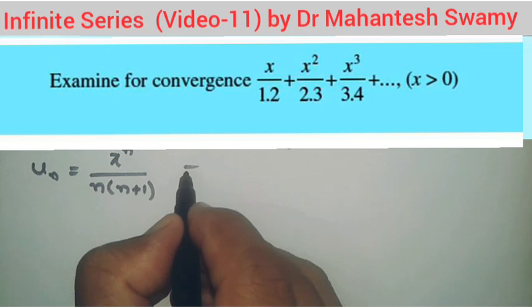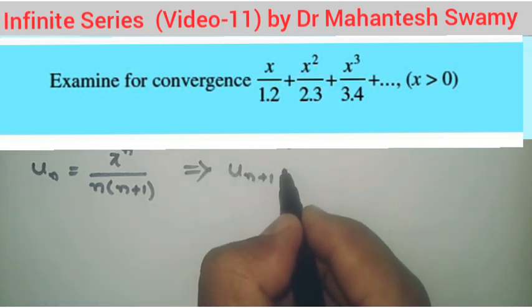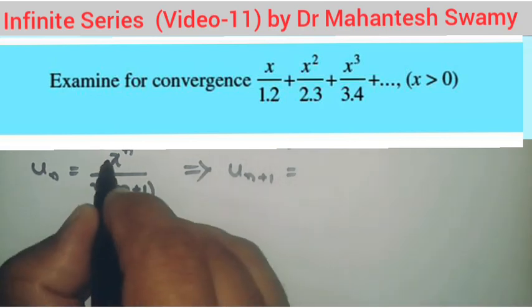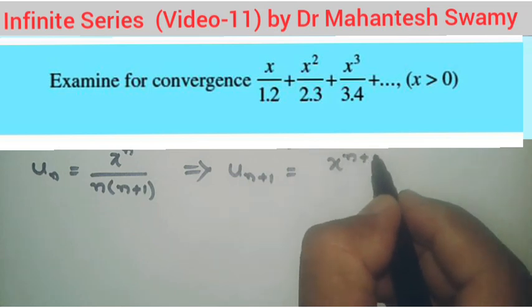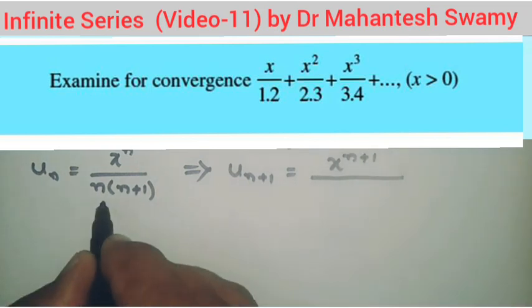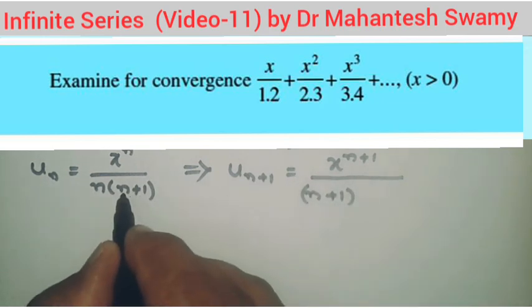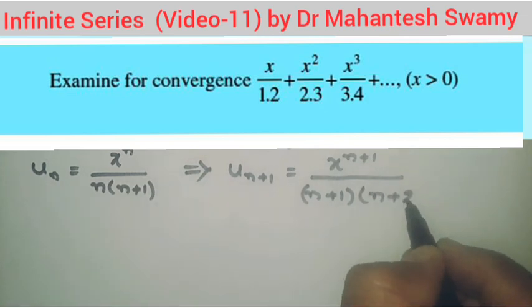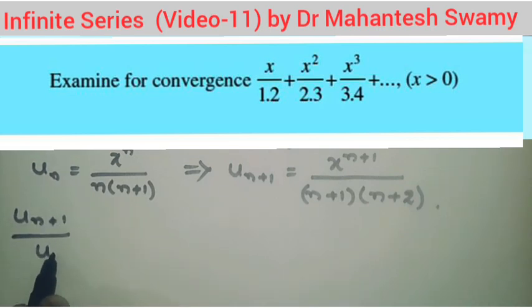And after that we are advised to write un plus 1, that is the next term of un, simply by replacing n by n plus 1. So it is x to the power n plus 1 divided by n plus 1 into n plus 2. Now consider un plus 1 divided by un.